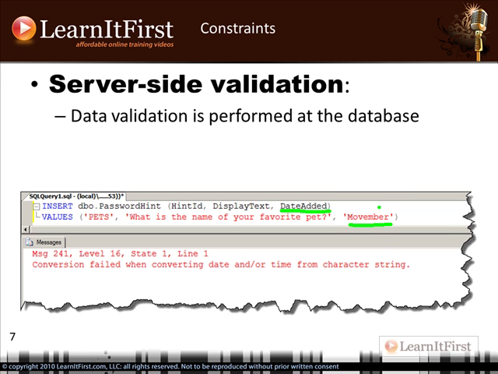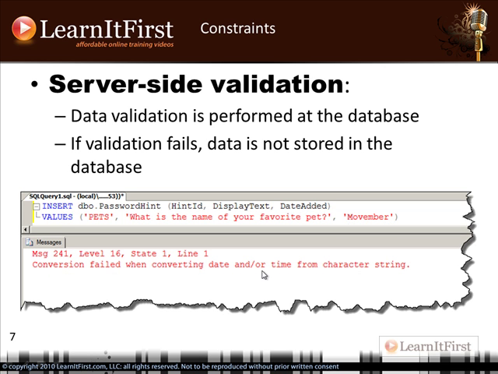What about Movember? Is that an actual date? No, and so the server says conversion failed when converting the date. So this would be an example of server-side validation. Because it failed validation, the data was not stored, and an error message was sent back to the client.